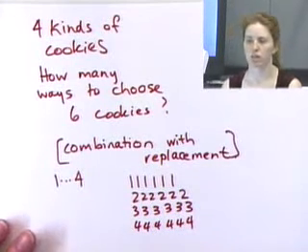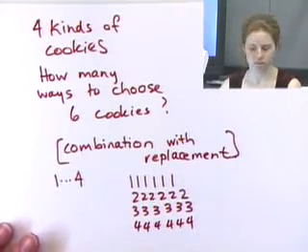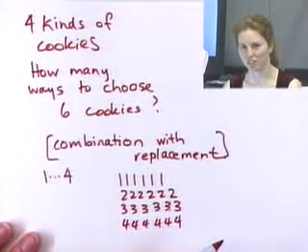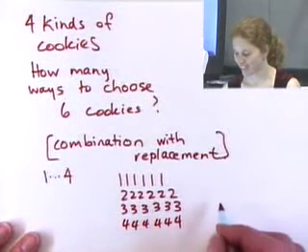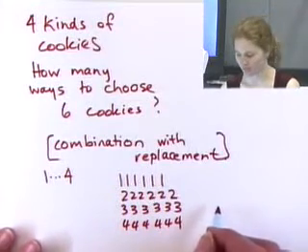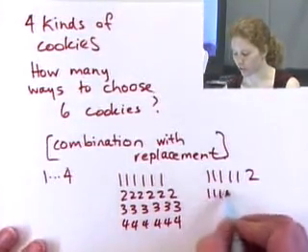Okay, that's all the ways to have 6 of one kind. Okay, now what? 5 of one kind and 1 of another. Are you starting to see why this is kind of a hard problem? So I could do 5 of one kind and 1 of another.